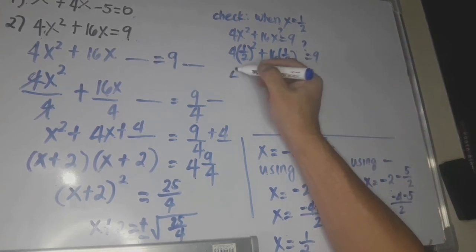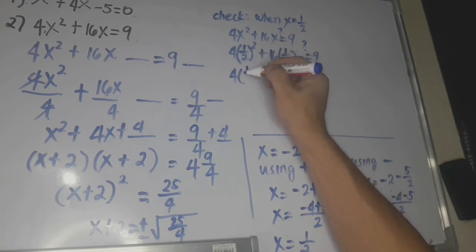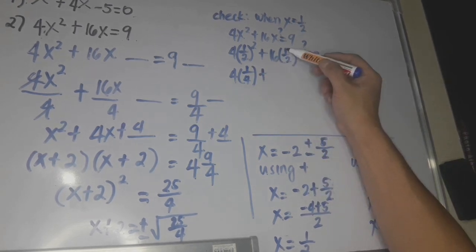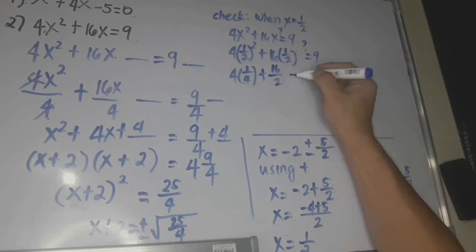Then 4, 1/2 squared is 1 times 1 is 1, 2 times 2 is 4. Plus 16 times 1 is 16 over 2 equals 9.